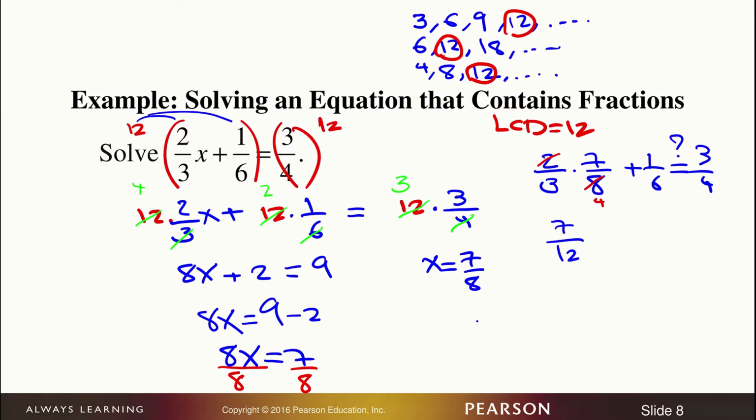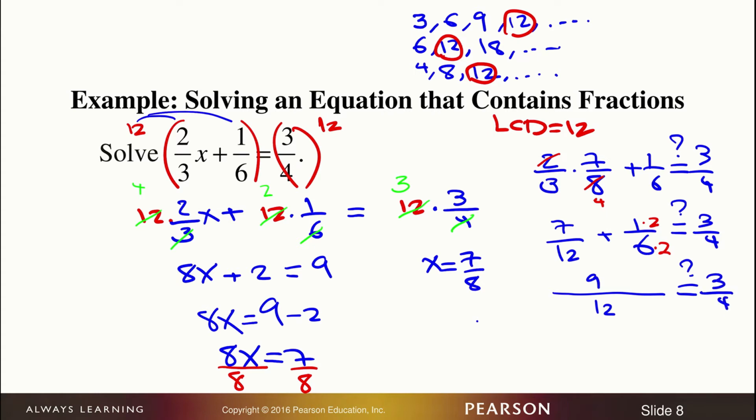So 7/12 plus 1/6, we're trying to see if that's equal to 3/4, right? So LCD here is 12, so that means we need to multiply this 6 by 2. So we get 7 plus 2, which is 9/12. We're trying to see if that's equal to 3/4.